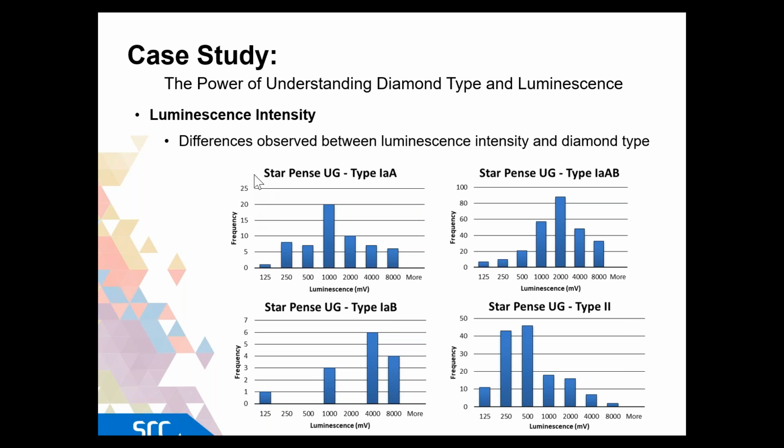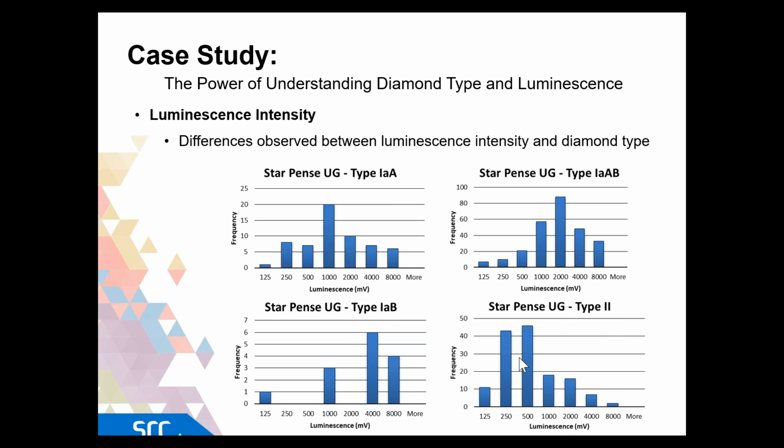As we move into the diamond types, you can see that those histograms change. The luminescence histogram of the type IaA diamonds are normally distributed around the 1,000 millivolt level. The histogram of type IaAB sits around the 2,000 millivolt level. And in the type IaB, they're around 4,000 millivolts. But then here is where it becomes interesting.